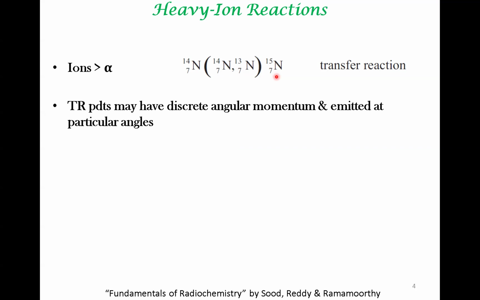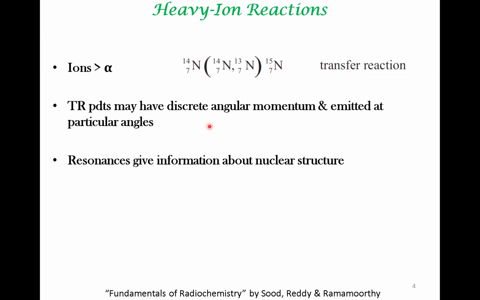Here, the transfer reaction products might have particular discrete angular momentum and are emitted at particular angles. Okay, so this kind of structures in the products give a lot of insight into nuclear structure.